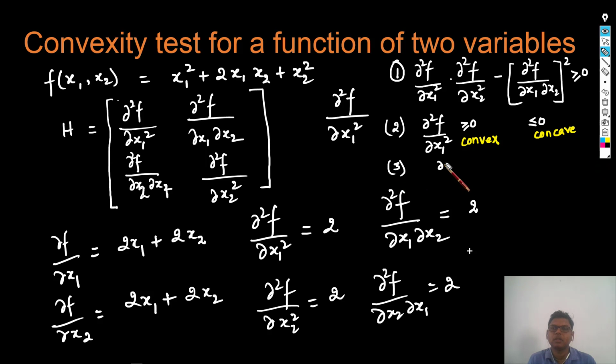For it to be convex, you need to have both greater than or equal to 0. Then only you can tell it is convex, and in the concave case both should be less than or equal to 0.